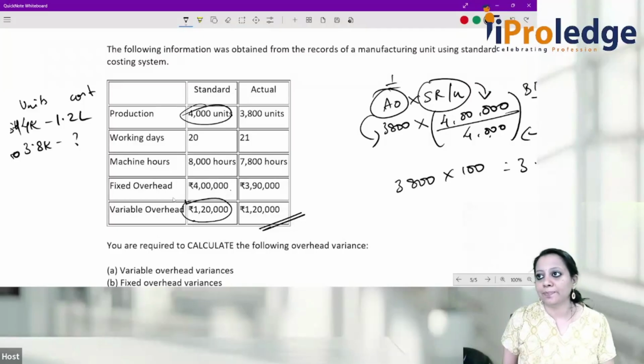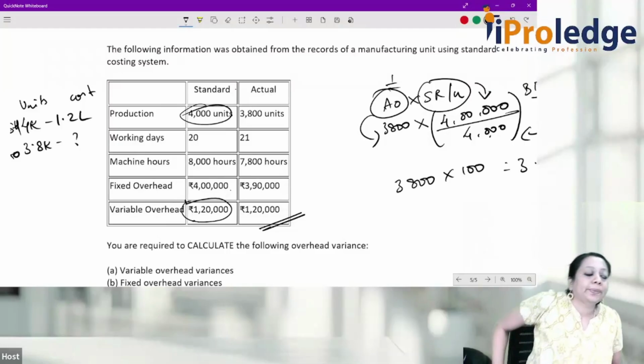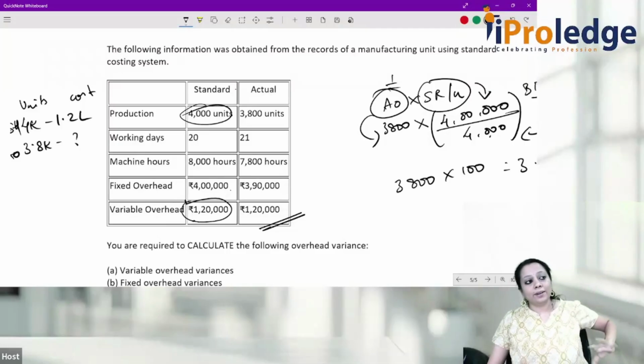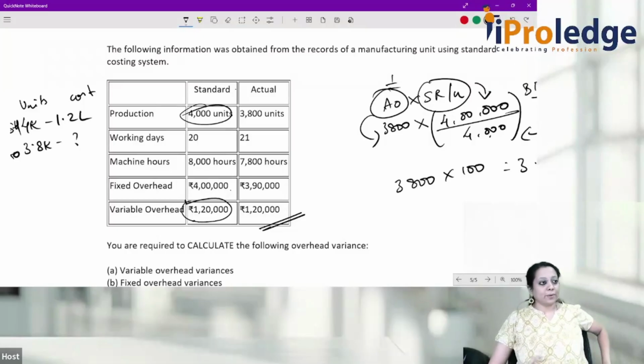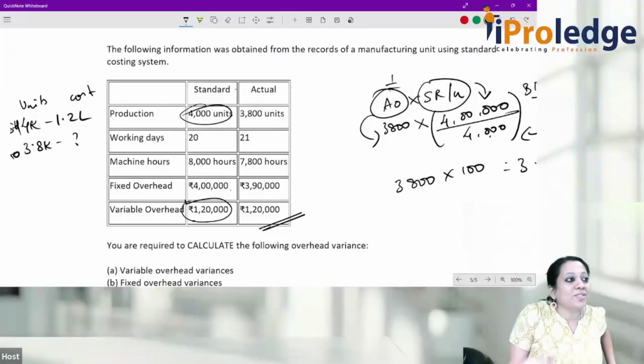Like that, people are asking. Again, I'm repeating: one is SH into SR, or standard for actual output. See, it can be very confusing. Why? Because this 1,20,000, we don't know whether it is for actual output or for budgeted output. Are you all understanding? So I will assume it is for budgeted output.